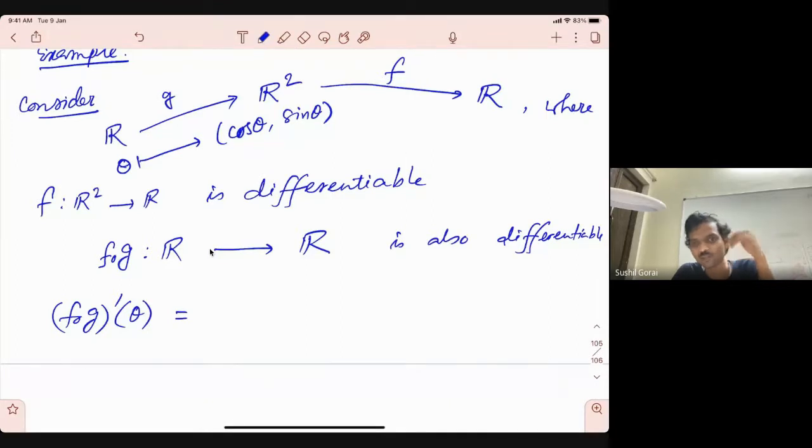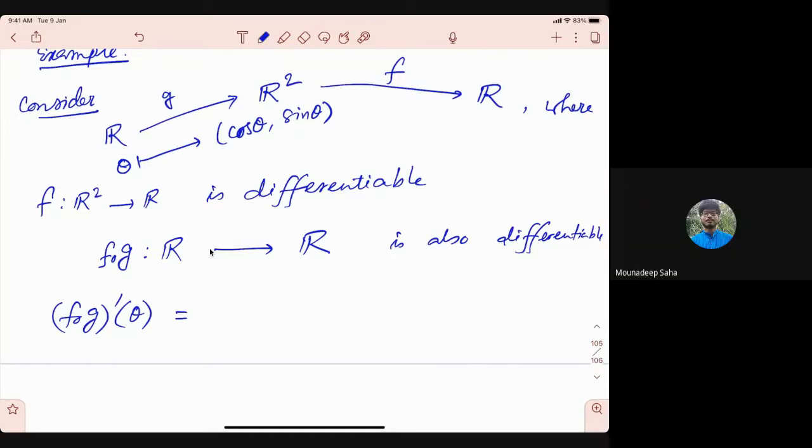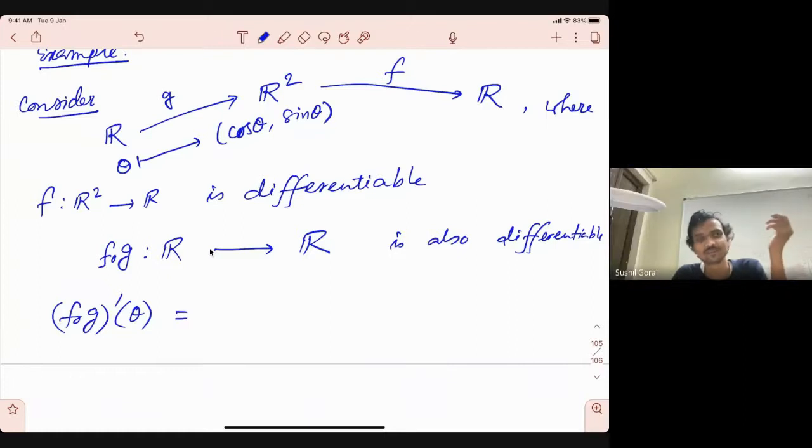Compute it in your copies and tell me what it is. Sir, g is theta to (cos theta, sin theta), but what is f? f is just any differentiable function.